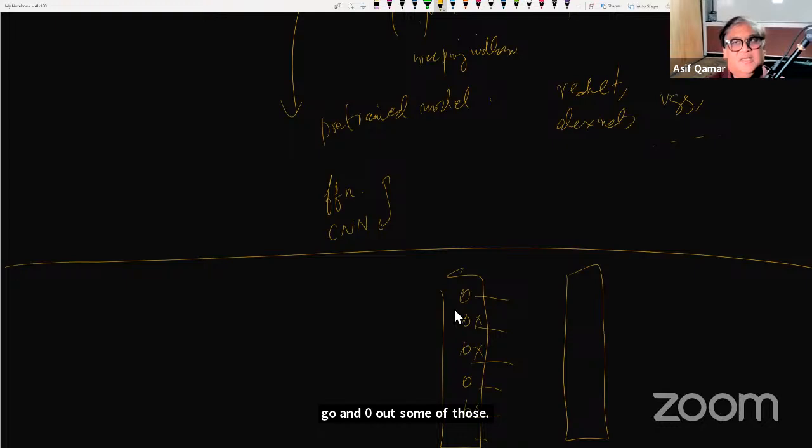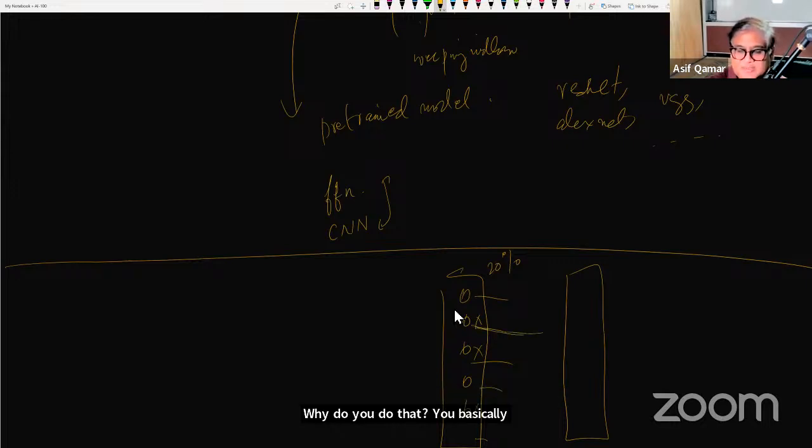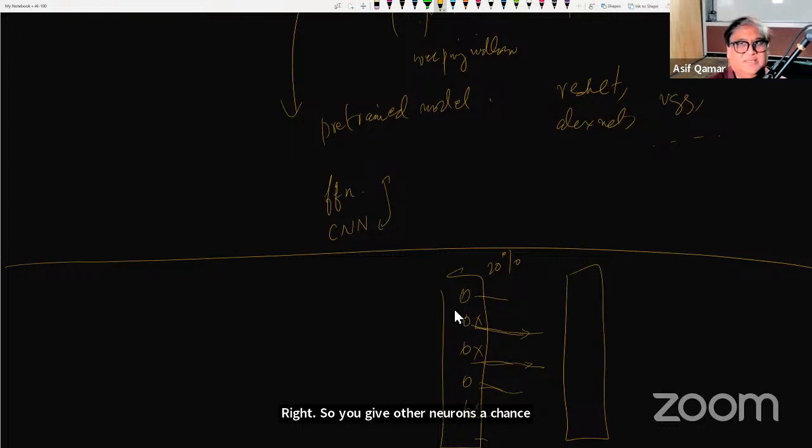Randomly, you go and zero out, let's say 20% of the firings. Irrespective of whatever they produced, you just set it to zero. Why do you do that? You basically want the machine not to overfit to the information coming out from certain neurons, right? So you give other neurons a chance to also pull the weight. That used to be the concept of dropout.